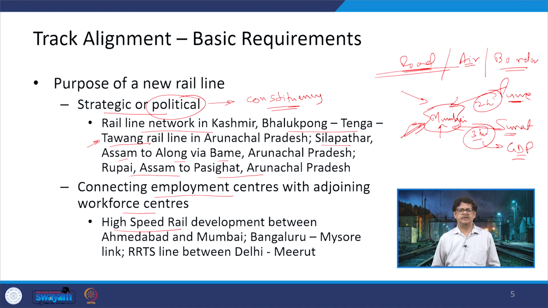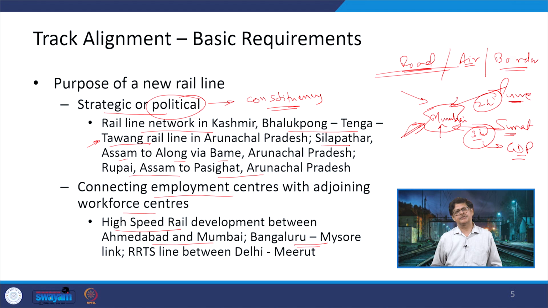You must be knowing that high speed rail work is going on, and we even talked about this when we started this discussion on railway engineering in the very first lecture. High speed rail development is going on between Ahmedabad and Mumbai, and also between Bangalore and Mysore.